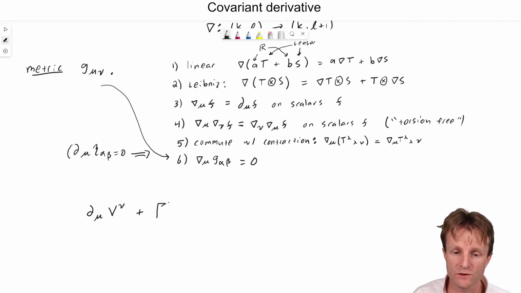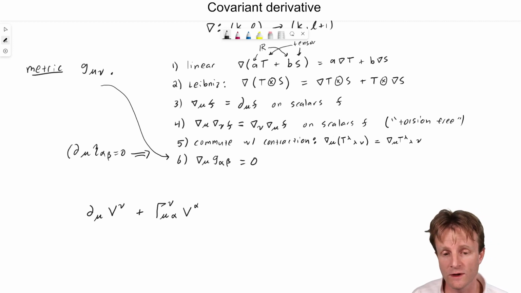And the most general term that does that is just some linear map on the vector v, which can then be represented as a 3-index object, 1 index alpha to eat up the vector index, and then 2 more indices to be the free indices associated with nu, the vector index, and mu, the index we're taking the derivative with respect to.